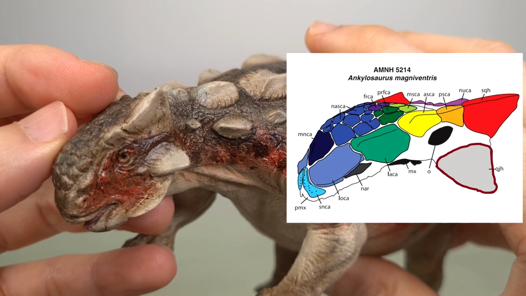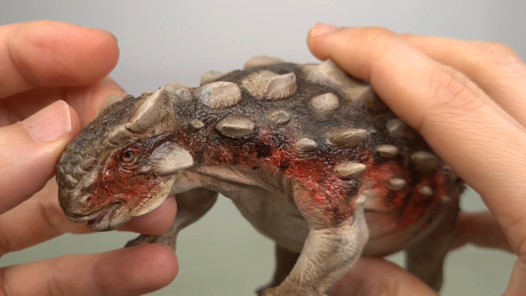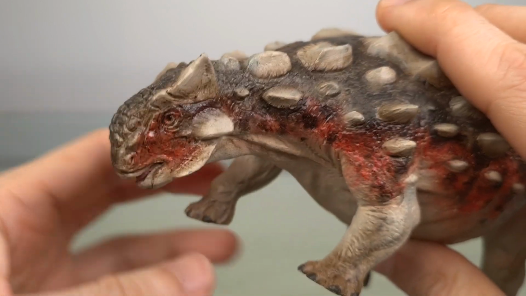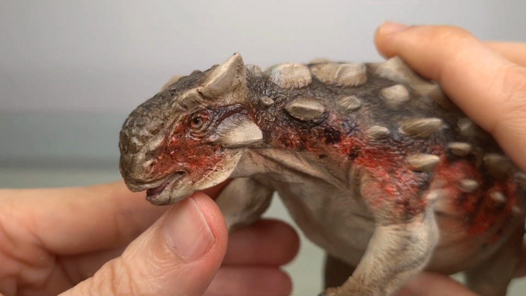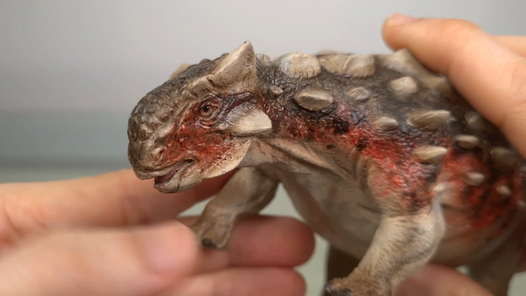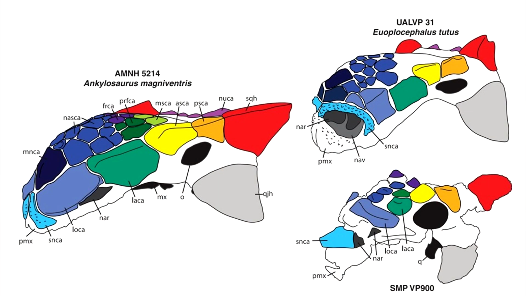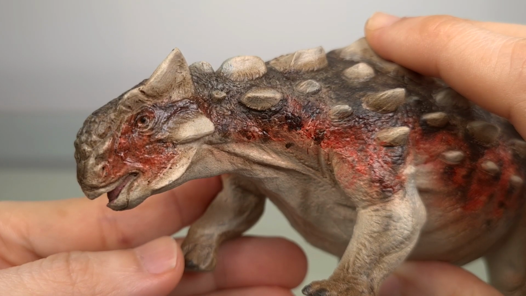Now all this rewards close scrutiny if you're a fan of detail. The unusual nostril position is also correctly depicted. Now note the relative forward positions of the nares in Euplocephalus and Nodocephalosaurus, and the relatively posterior position they occupy in Ankylosaurus, possibly an adaptation to rooting behavior.